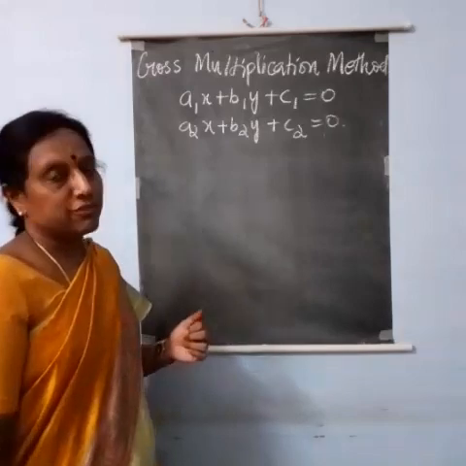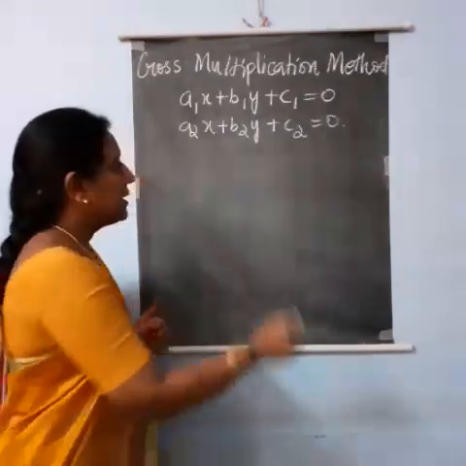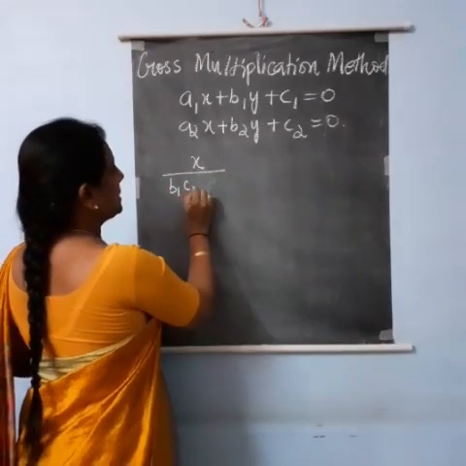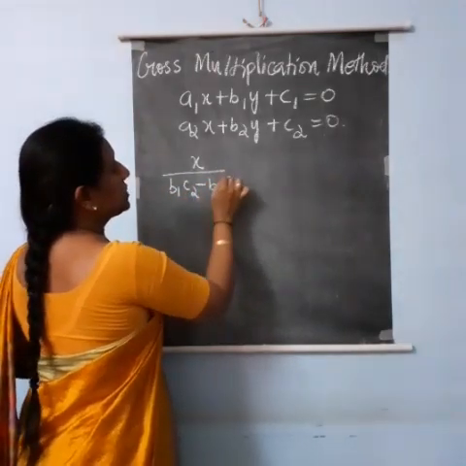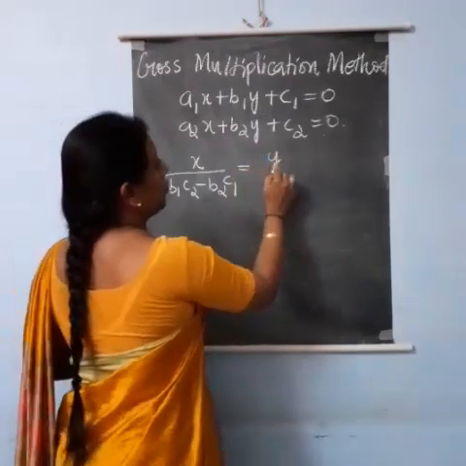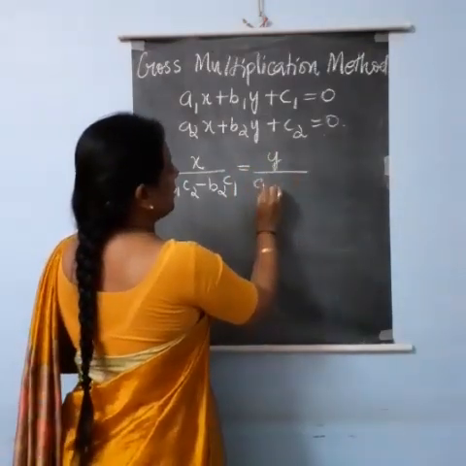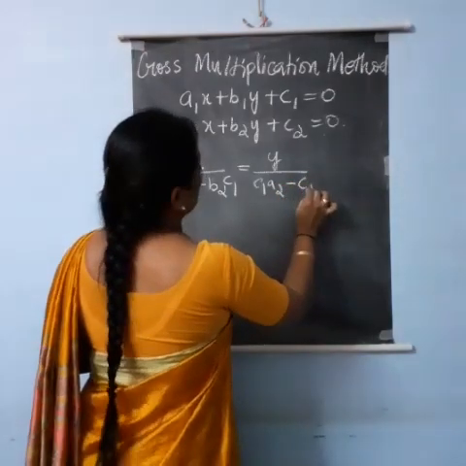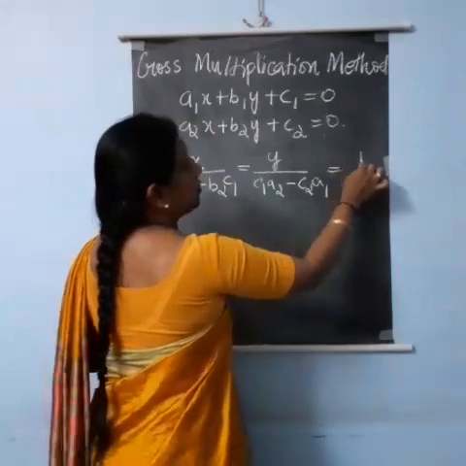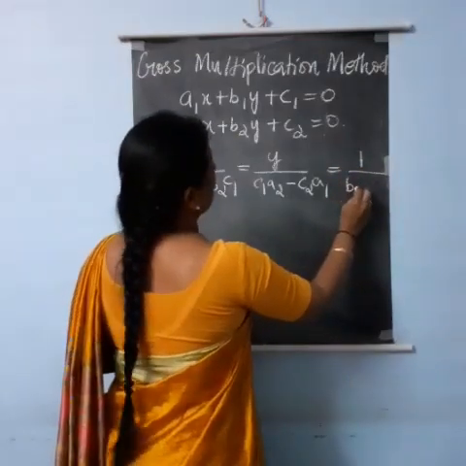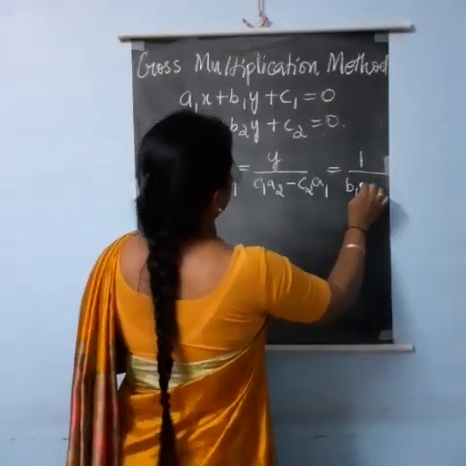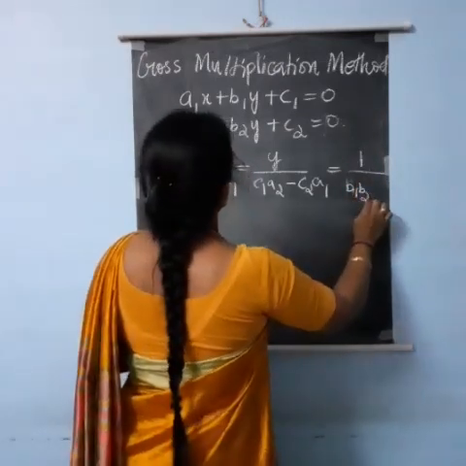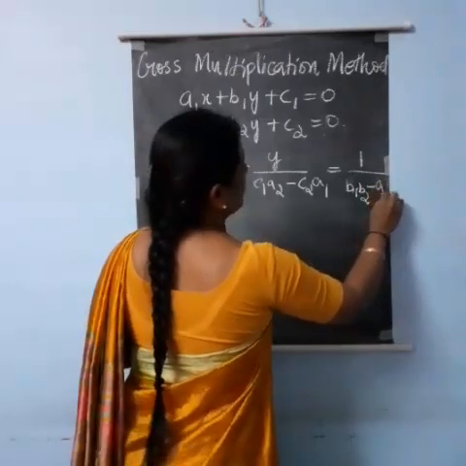Now the solution for these two equations can be arrived at by using the formula x divided by b1c2 minus b2c1, which is equal to y by c1a2 minus c2a1, which is equal to 1 by a1b2 minus a2b1.